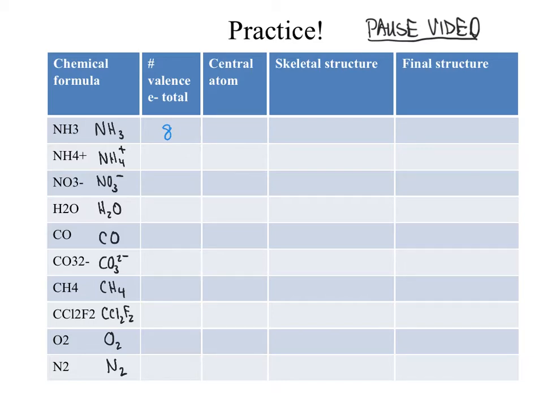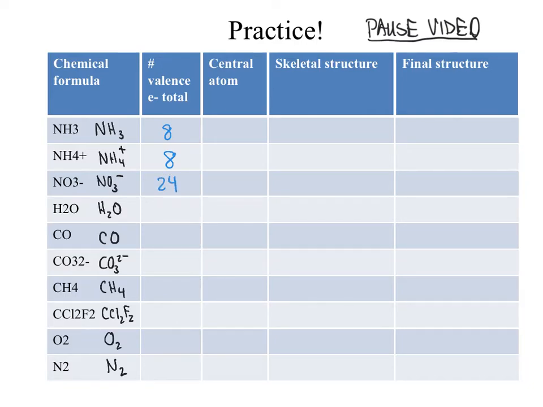But it has a plus charge, so I have to remove 1, so it still has 8. Nitrate has 5 from the nitrogen and 6 from each of the oxygens. So 6 times 3 is 18, plus 5 is 23, but I have to add 1 for the minus charge, so that's 24 electrons.